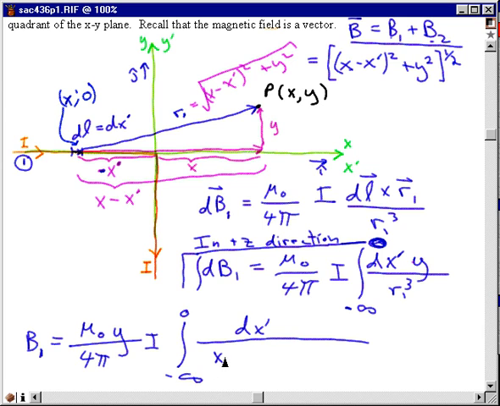Go ahead and copy that down here. x minus x prime all squared plus y squared all raised to the 3/2.